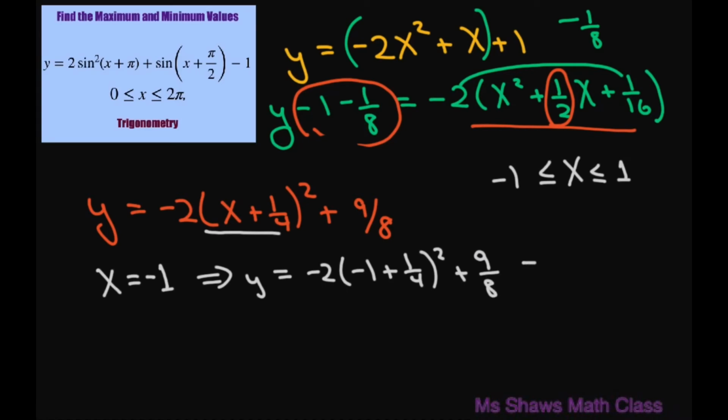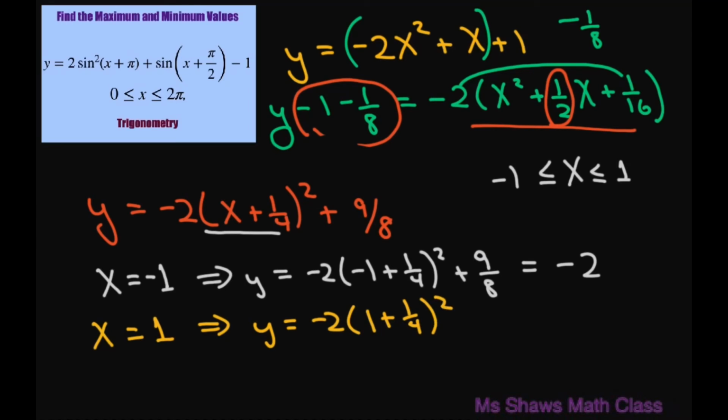And this is going to equal negative 2. We also have to test x equals 1. So when x is 1, big X is 1, we're going to get y equals negative 2 times 1 plus 1/4 squared plus 9/8. And that's going to equal 0.